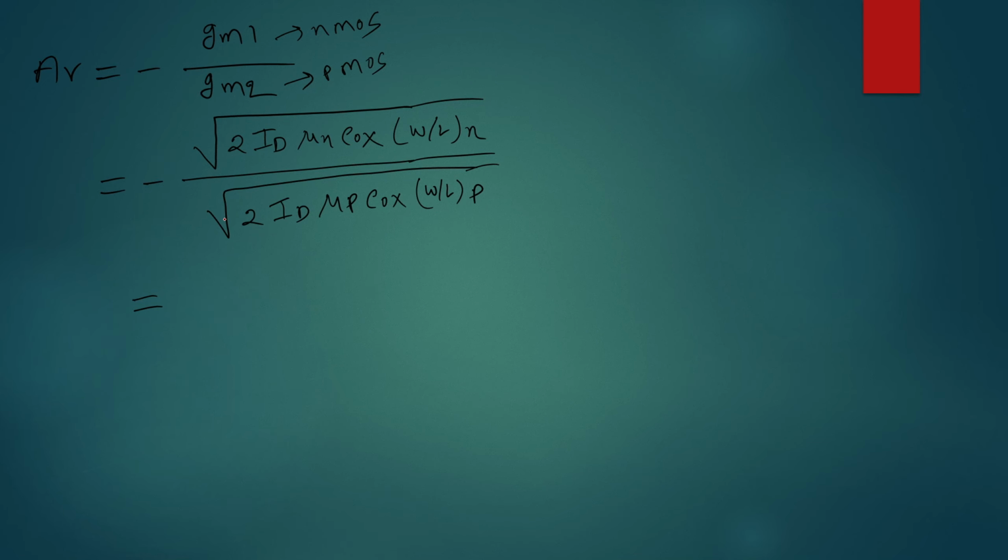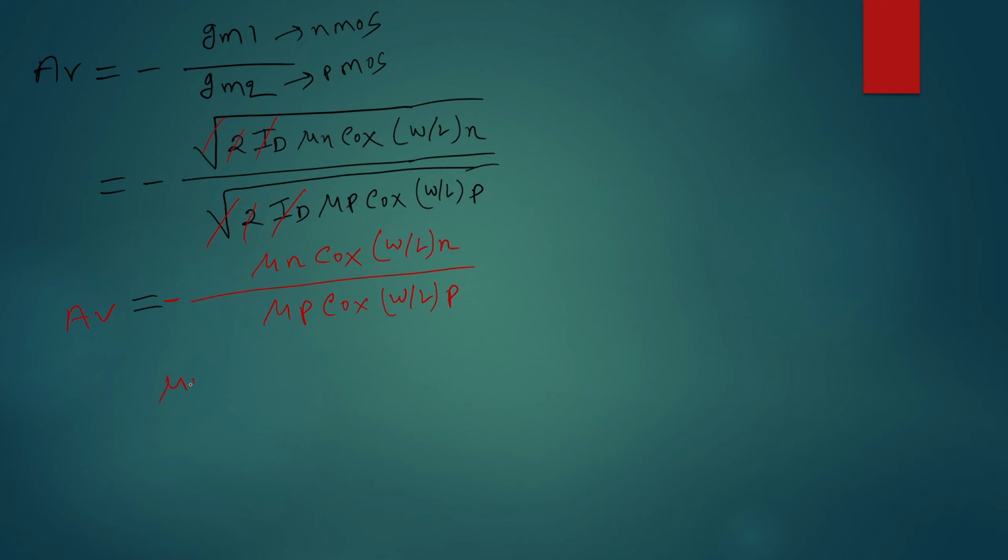So you can cancel this square root, this 2 and this ID, and finally you have mu n COX W by L of N divided by mu P COX W by L of P, with a minus sign here. So this is another voltage gain equation you can use for the common source amplifier with diode connected load.